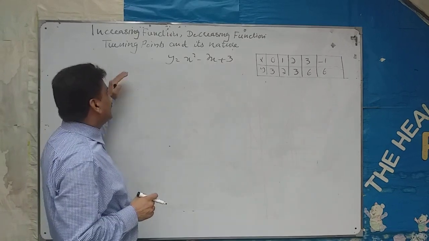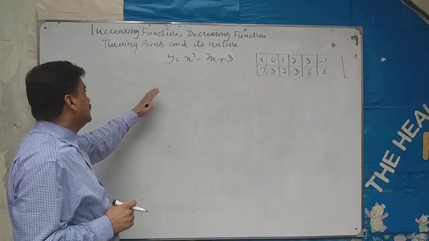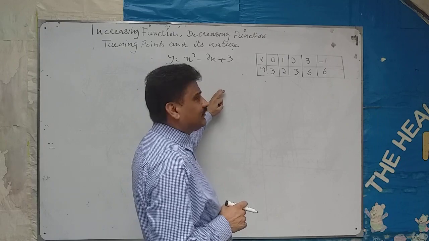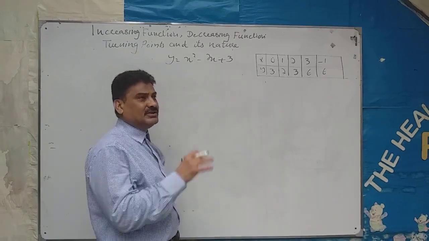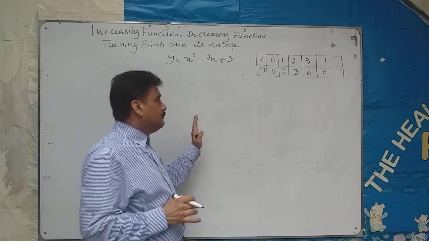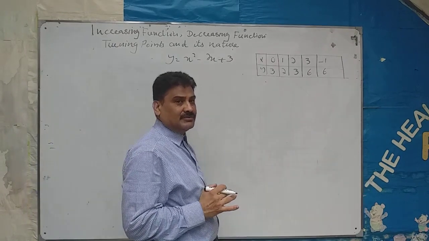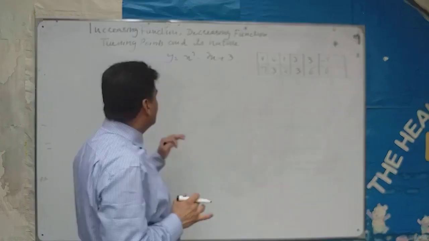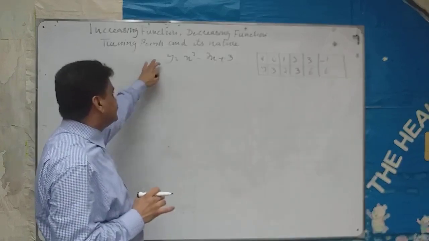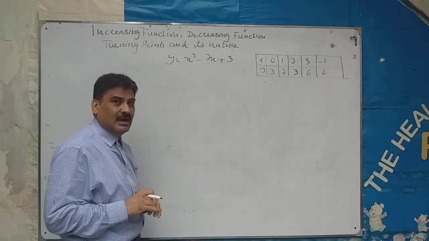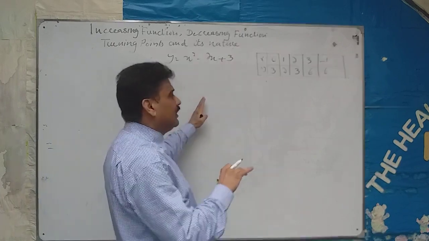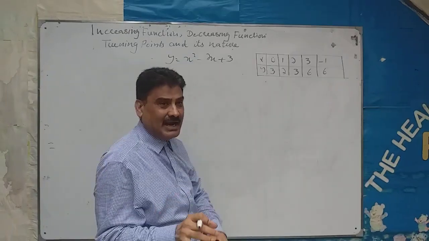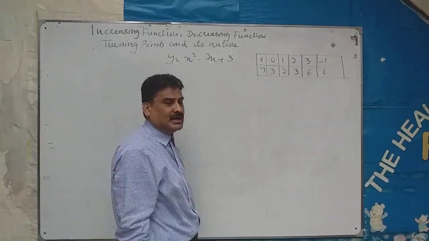If the sign of the first order derivative at the smaller point is positive, and the sign at the greater point is negative, the result has changed from positive to negative, and we say that point is a maximum turning point.